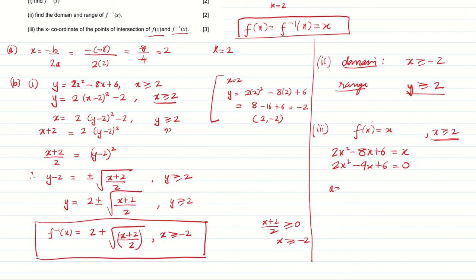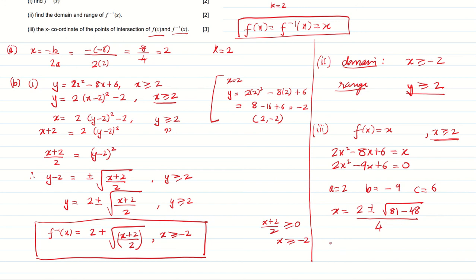So a is equal to 2, and if I use the quadratic formula, x is equal to minus b plus or minus root b square minus 4ac, b square, sorry, my b is minus 9, beg your pardon, 81 minus 4 into 2 into 6, 8 sixes are 48, upon 2a, 2 twos are 4.